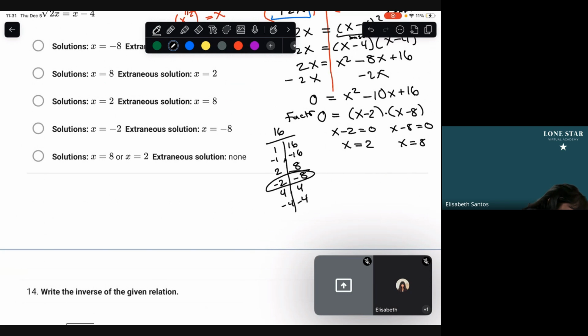The way we find out is we check by plugging them in. So we remember the equation, the square root of 2x equals x minus 4. Let's do the one where x is 2. So we plug in 2. We get the square root of 4 equals negative 2. 2 equals negative 2. That doesn't work.